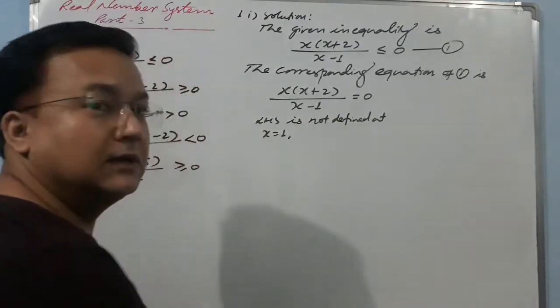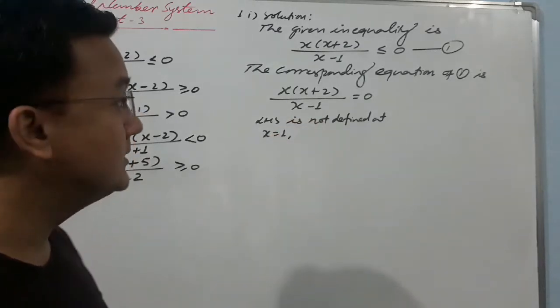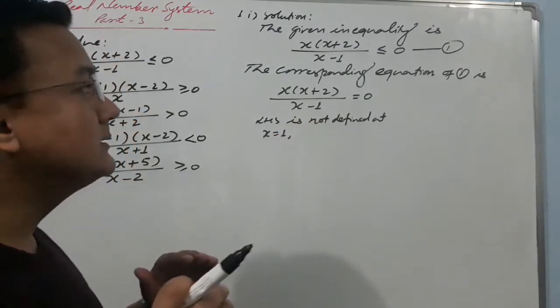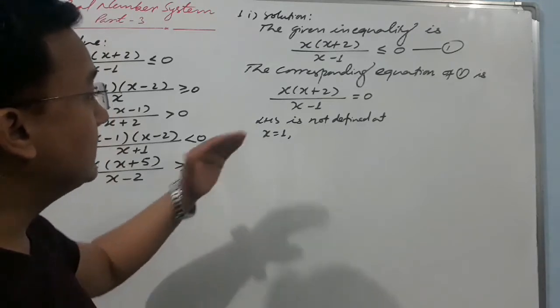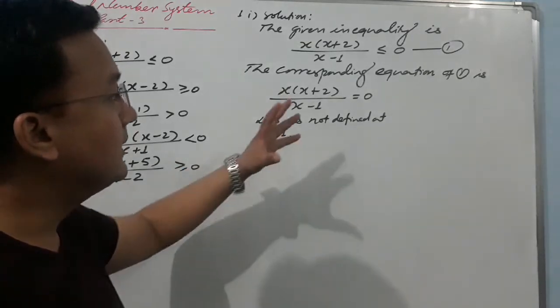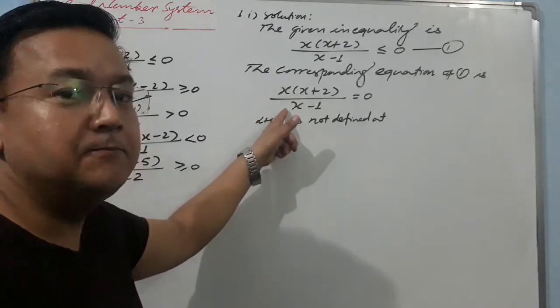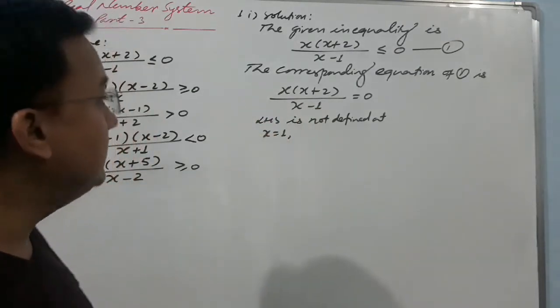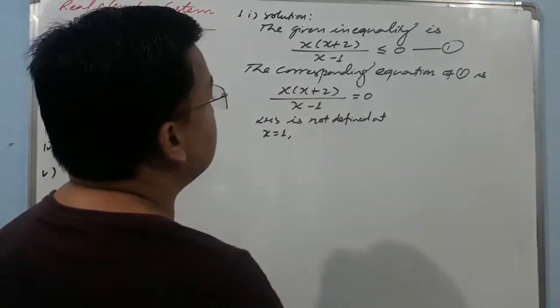Clear? Not defined, because at x is equal to 1 you are going to get 0 in the denominator, so undefined. Okay, the left hand side is not defined.